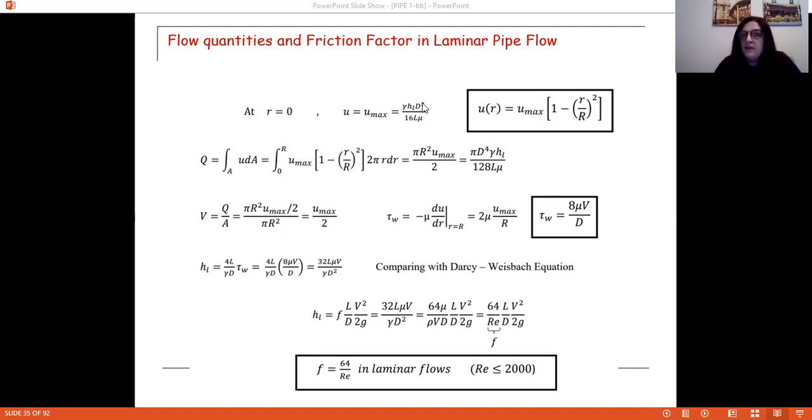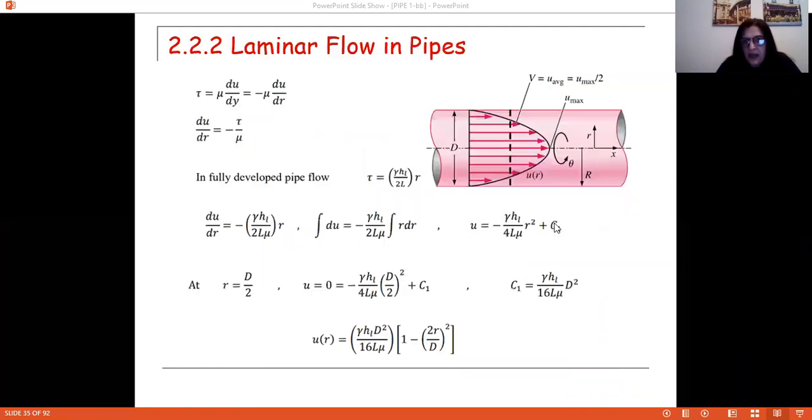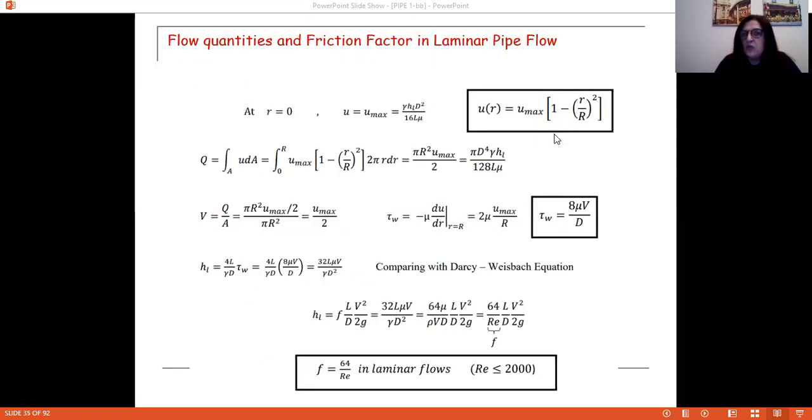And again, if you just use u max as this, I can write u(r) is equal to u max, which is nothing but this term, times 1 minus r over capital R squared. Here what I had done is for D, I had written 2 times capital R, so the 2's cancel each other, so we end up with r divided by capital R squared.